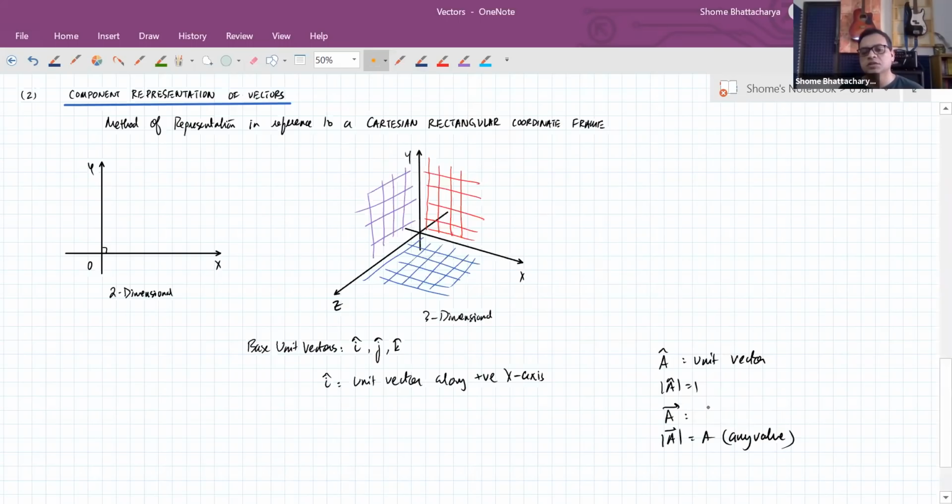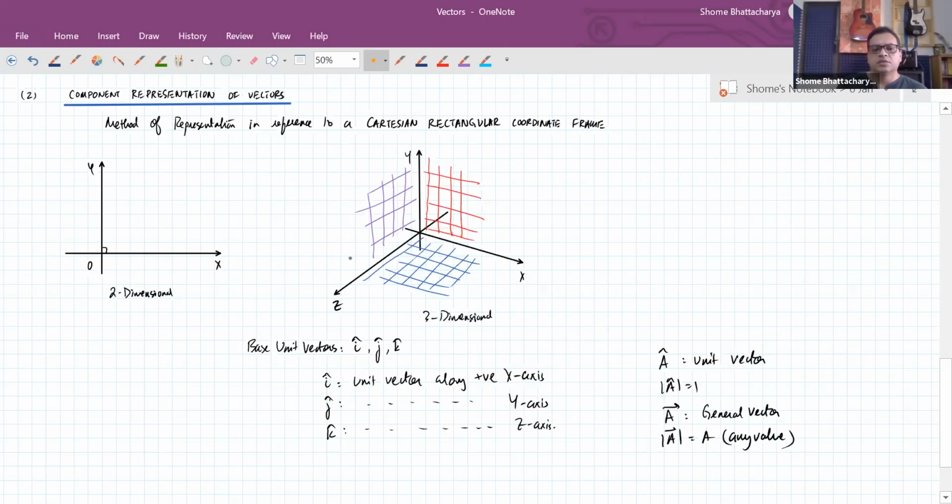So this is, you can say, like a general category vector. But when we use the symbol i cap, it's specific. It is a unit vector along the positive x-axis. Similarly, j cap is a unit vector along the positive y-axis. And k cap is the unit vector along the positive z-axis. So on and so forth.